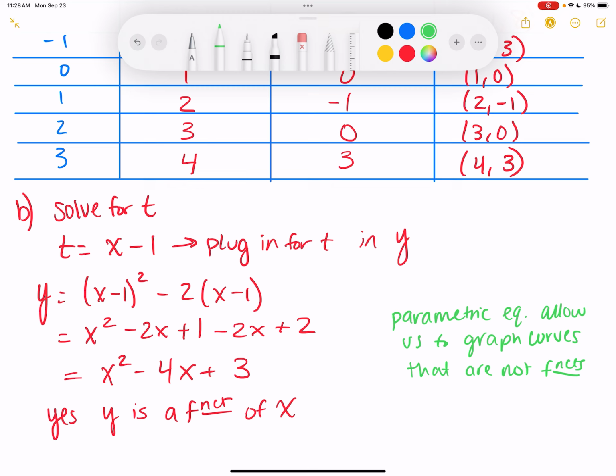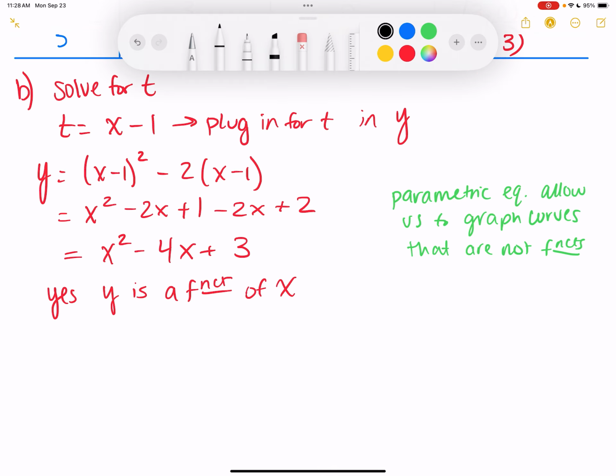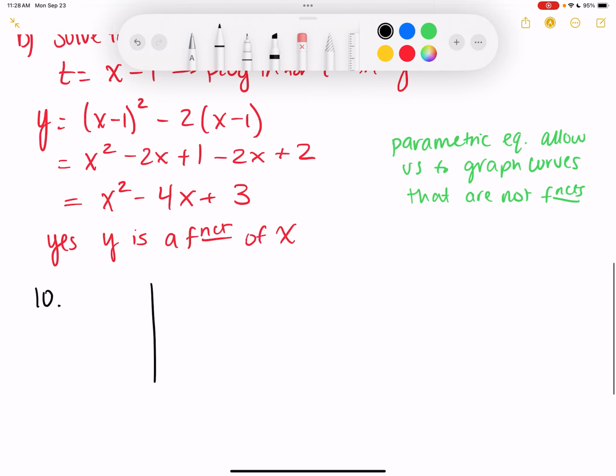Numbers 9 through 12 give you a graph of a relation. It wants to know, is the relation a function? And then does the relation have an inverse that is a function? So 10 is a graph that looks like this.